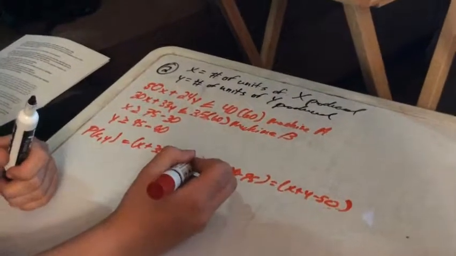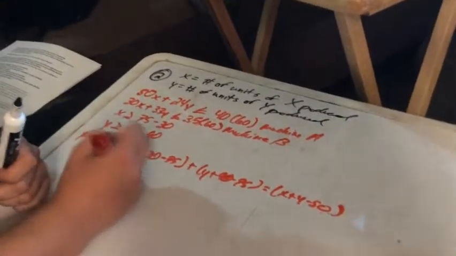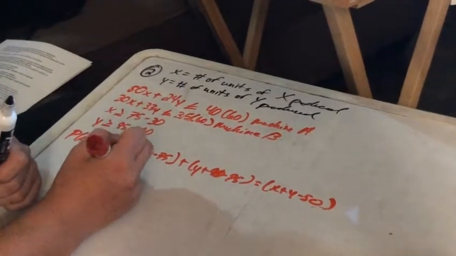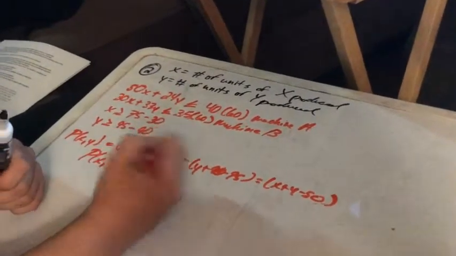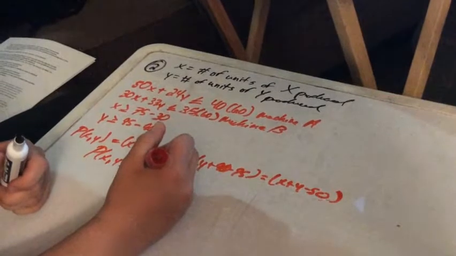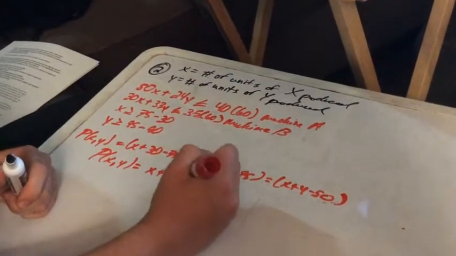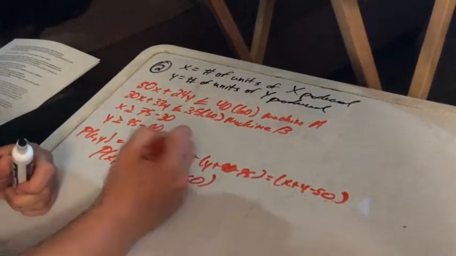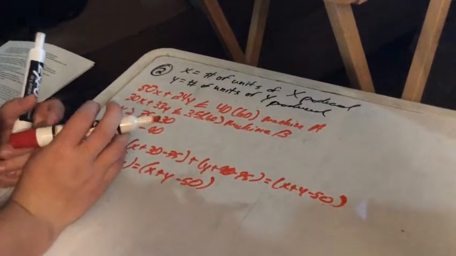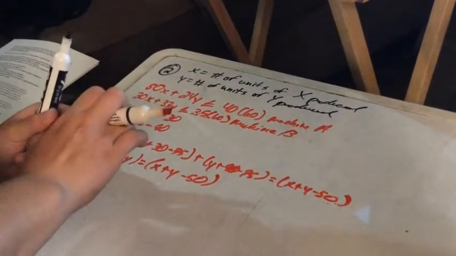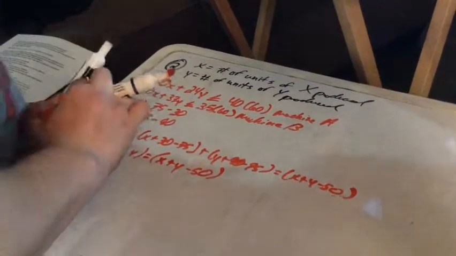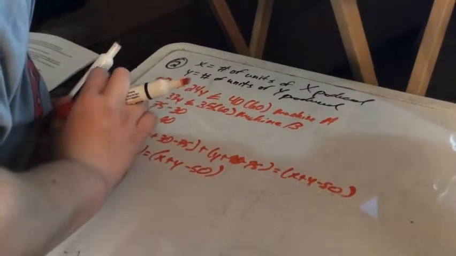So to simplify it, we'll get X plus Y minus 50. So that we can maximize the number of units left in stock at the end of each week. Okay.